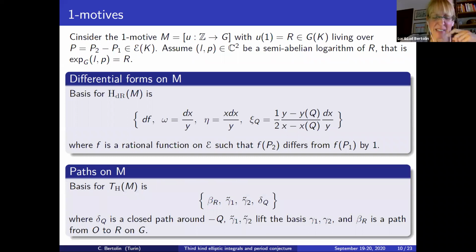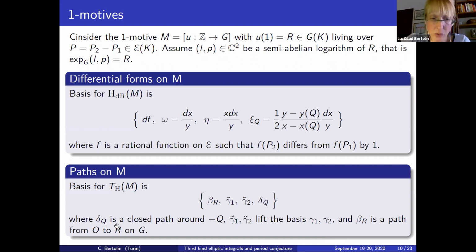For the paths, I choose gamma_1 tilde and gamma_2 tilde, which are essentially the pullback of gamma_1, gamma_2 via the exact sequence that we have seen before.